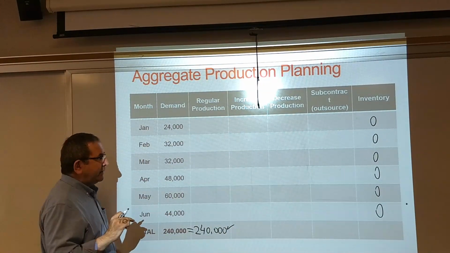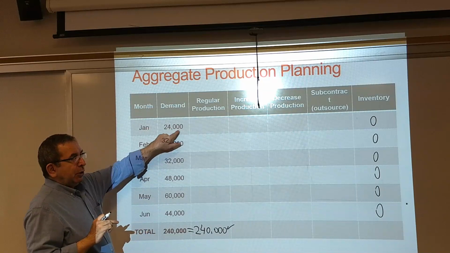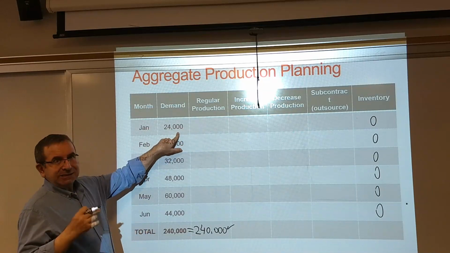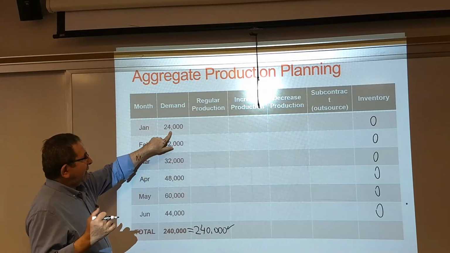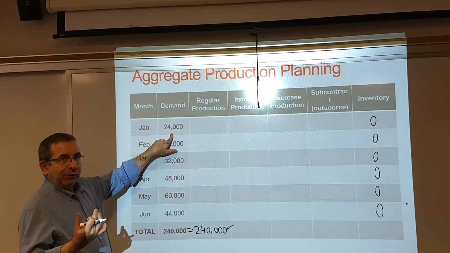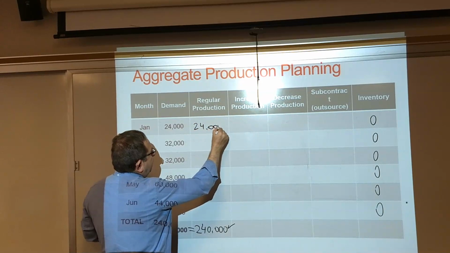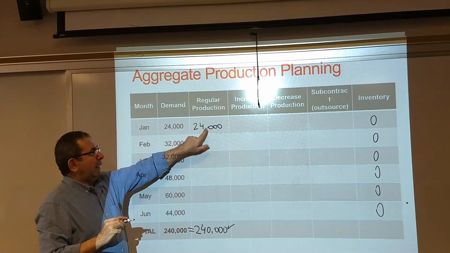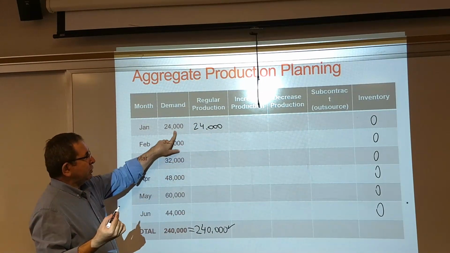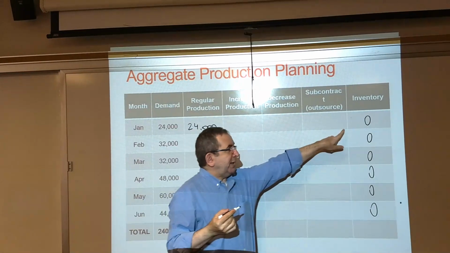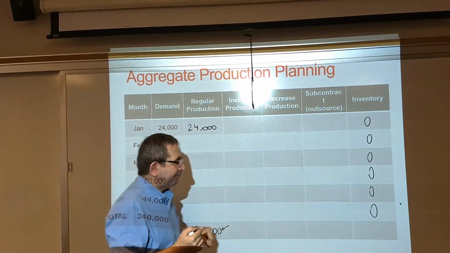In chase strategy, you produce only as much as customers demand. So in January, customers demand 24,000 items, so you only produce 24,000. You produce 24,000, you sell 24,000, you end up with 0 inventory.